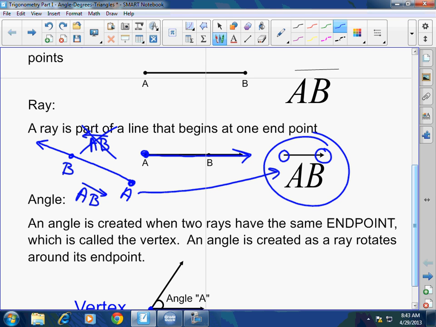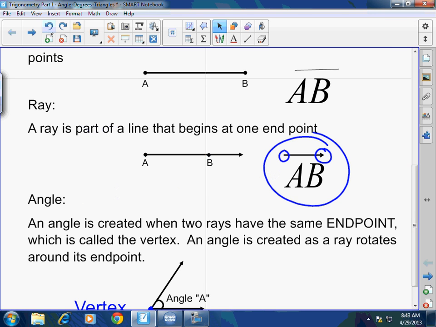I saw a hand over there. You sure, my man? No, remember what I just said? You start with the endpoint. So look, let me show you what I mean. If I have this right here, and this is C and D, that's ray CD.